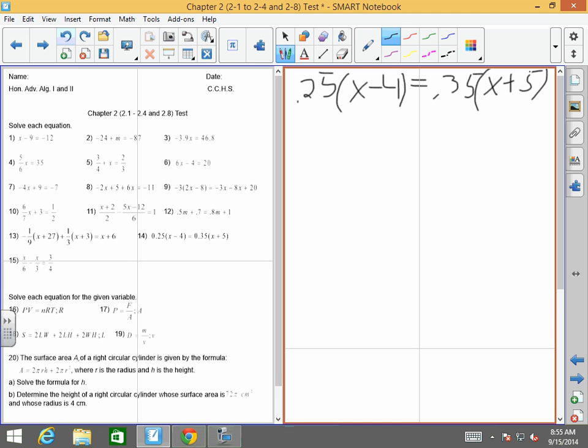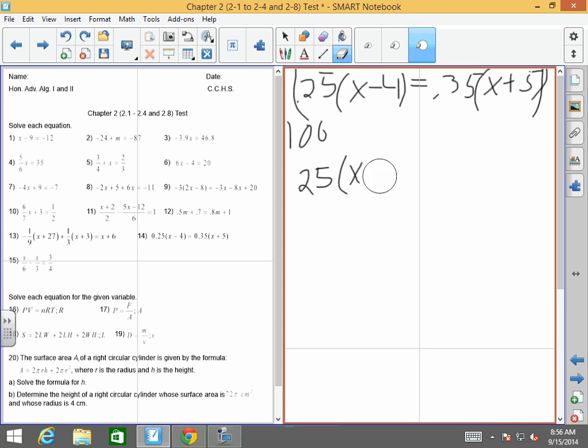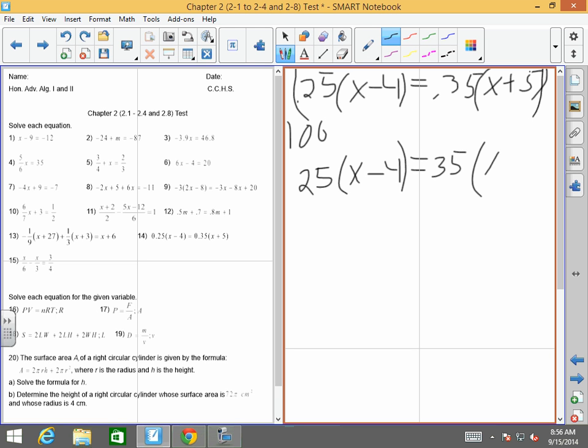I want to get rid of that 0.25. So I'm going to multiply everything here, both sides, by 100. So 100 times 0.25 is now 25 times parentheses x minus 4. And that's going to equal 35 times x plus 5 because I distributed the 100.